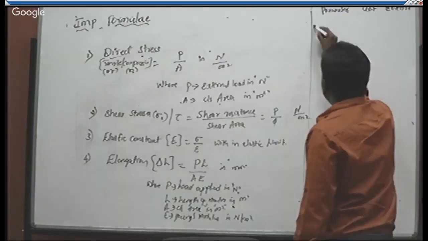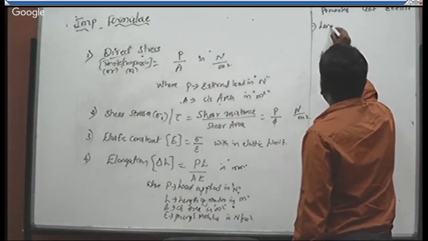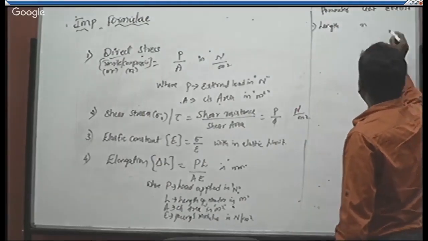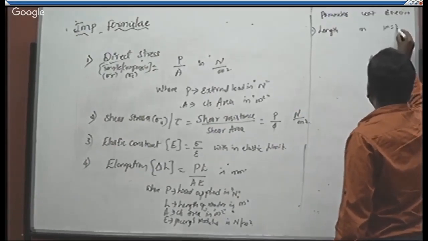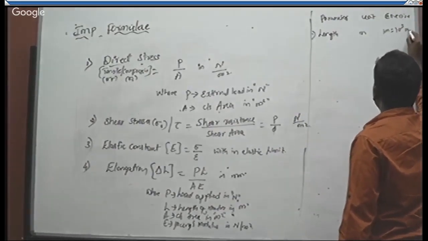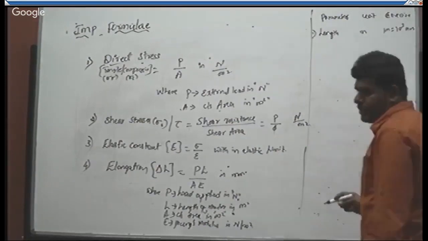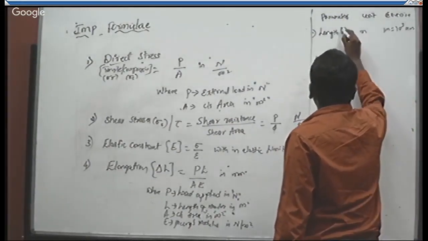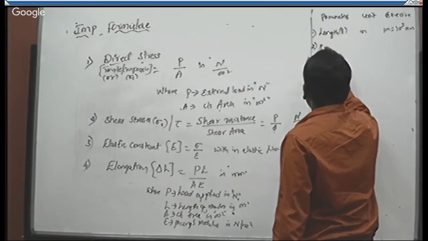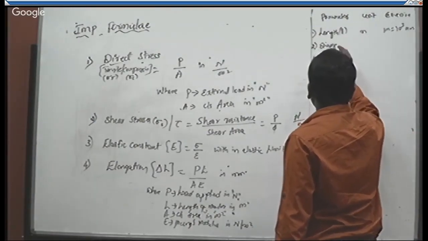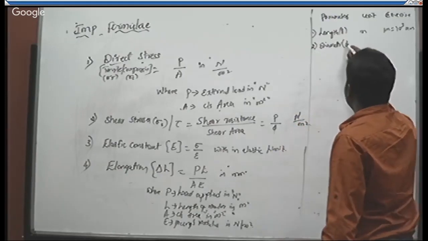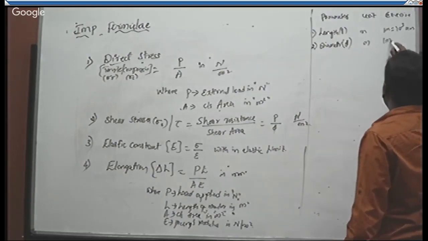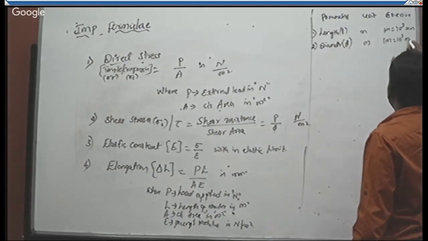The first is length, in meters in SI units. We know that 1 meter is equal to 10 power 3 millimeters. The symbol is small l or capital L. Next, diameter, small d, also in meter. The same: 1 meter is equal to 10 power 3 millimeters.